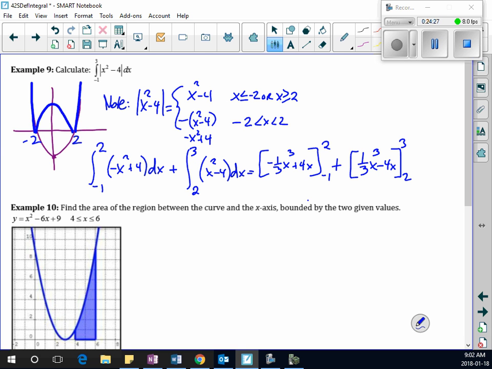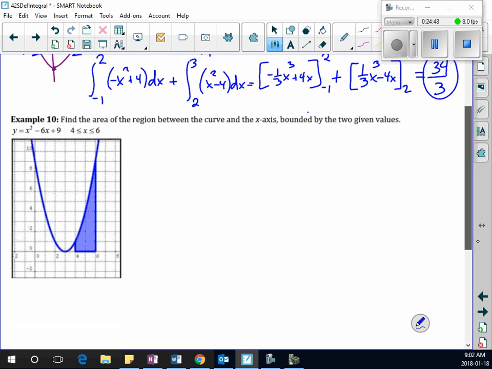So you can pause the video and figure it out. So I'll give you a second to do that. My final answer is 34 over 3. So make sure you can get that. You can use the space below.